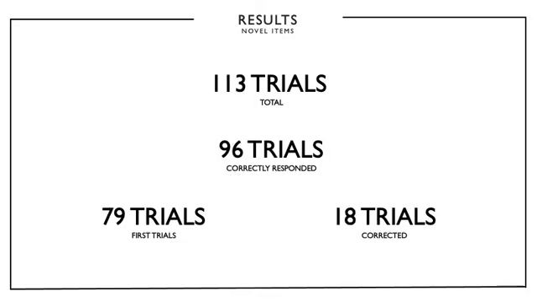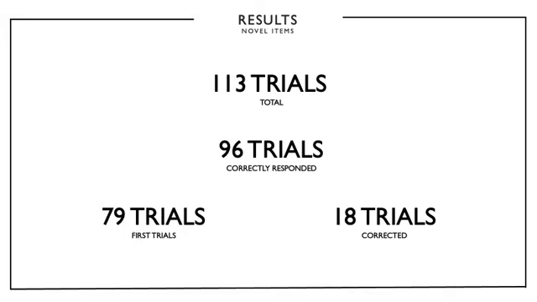For the novel items, 96 divided by 113, he got it correct 85% of the time. So he actually did better with the novel items, items that he was never trained with. He got it right the first time 79 times, whereas it was only 69 times in familiar items. With novel items he actually did better.